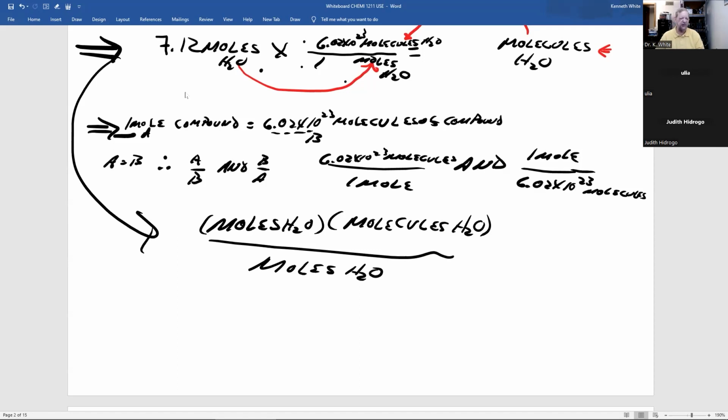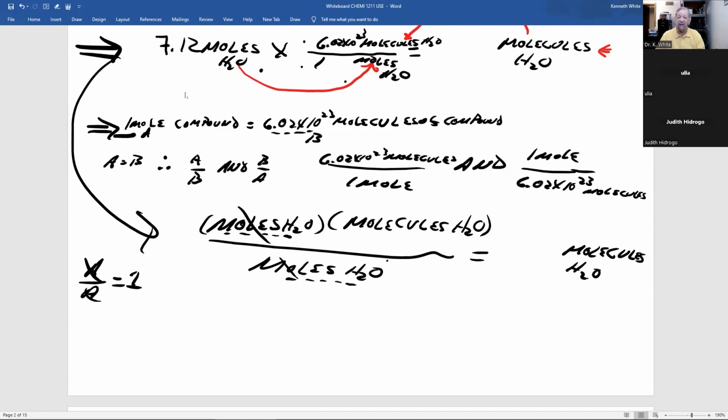Now, something you should remember, anything divided by itself equals the number 1. So moles of water divided by moles of water cancel out and become the number 1, and 1 times molecules of water, the units, we're not interested in numbers yet, becomes molecules of water.